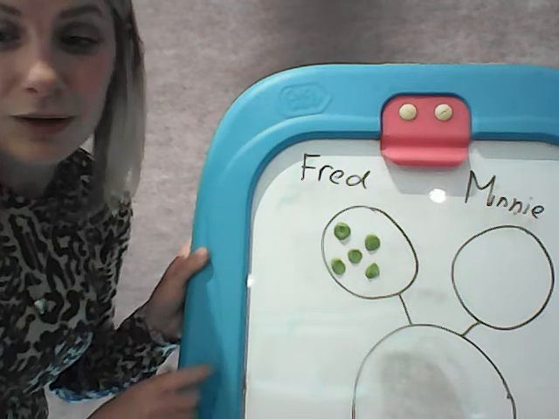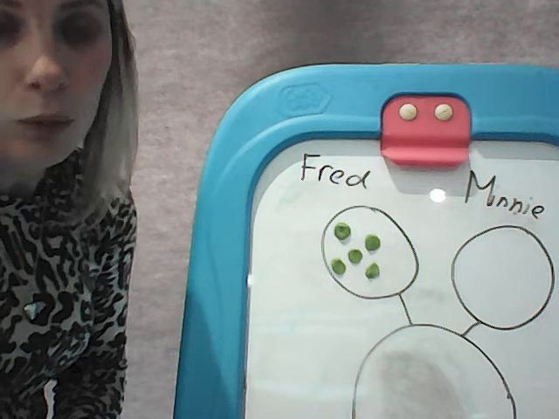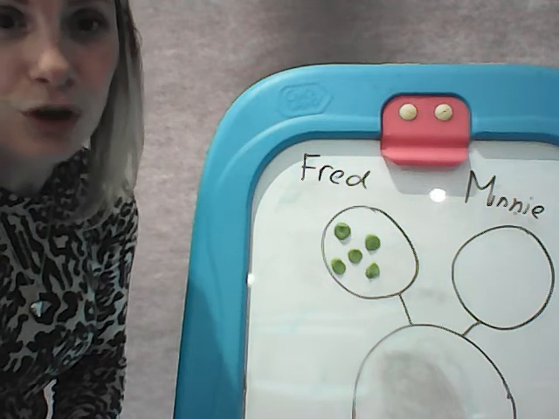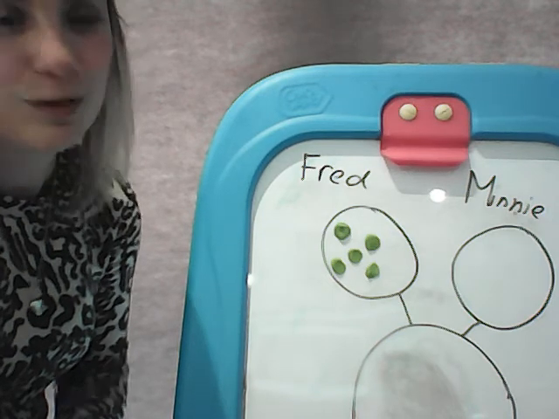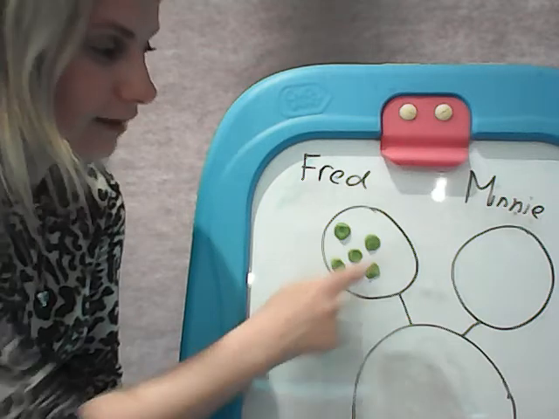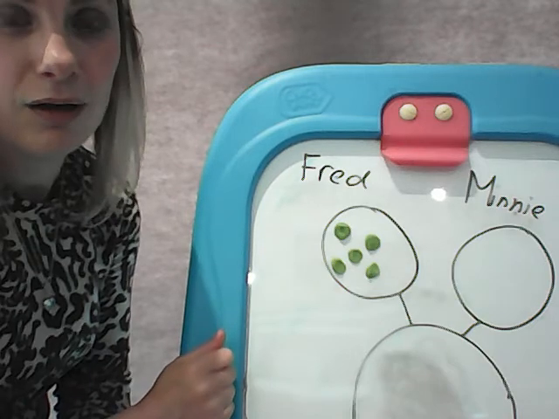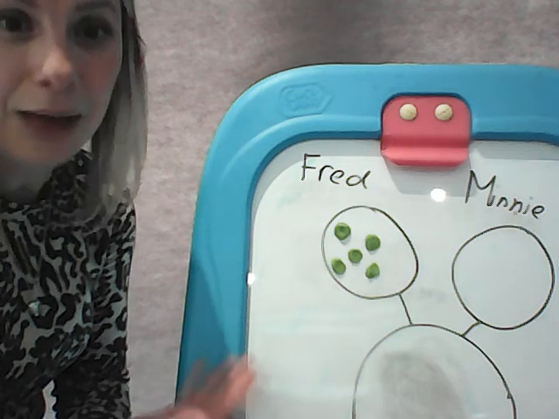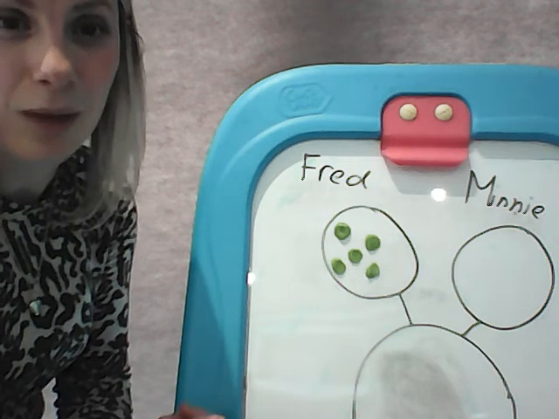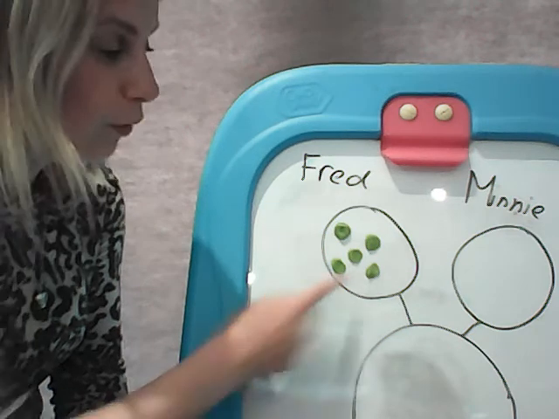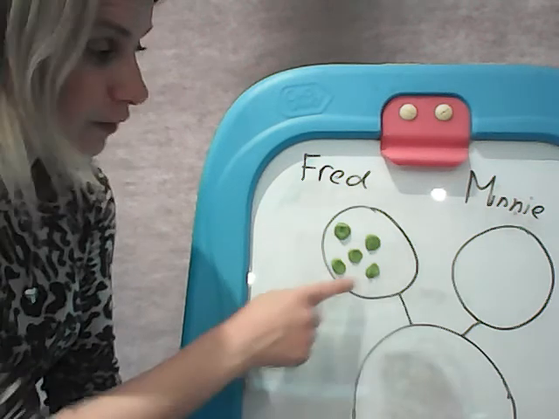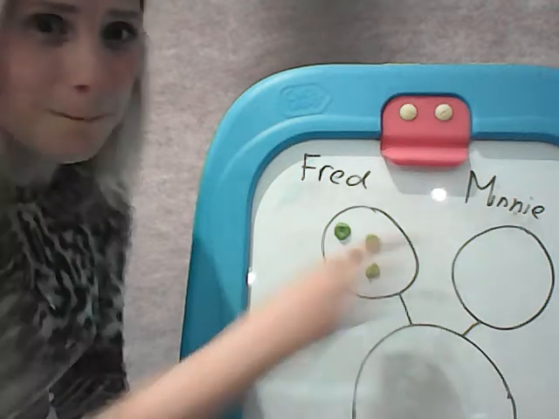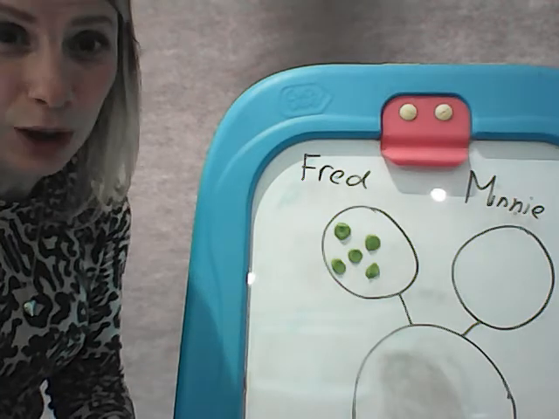Then Minnie said, I want 5 apples too. So we need twice the amount of apples. And we need to know, how many apples does Miss Beard need to buy from the shop? We need twice the amount because Fred wants 5 apples, but Minnie wants 5 apples too.